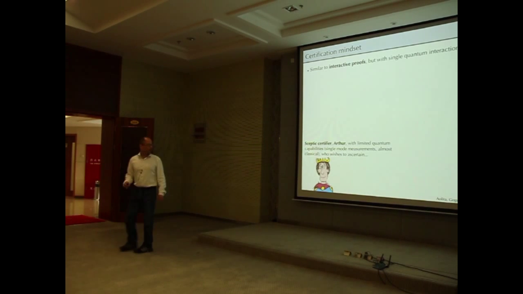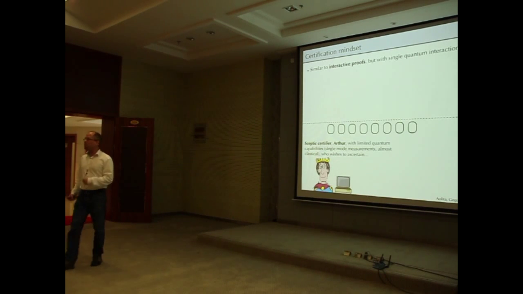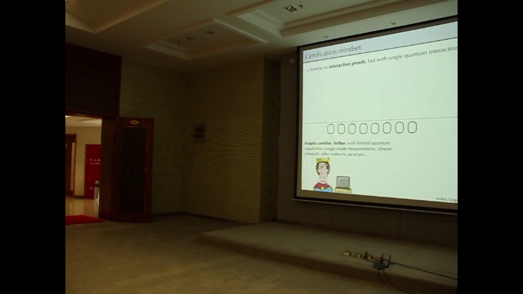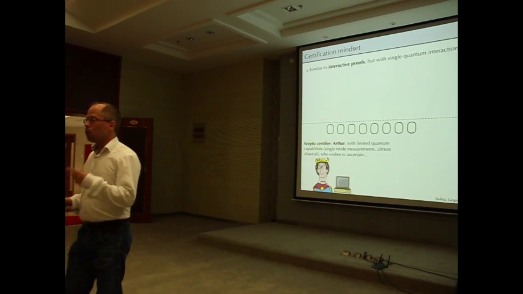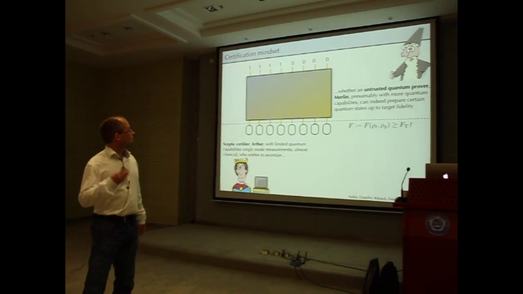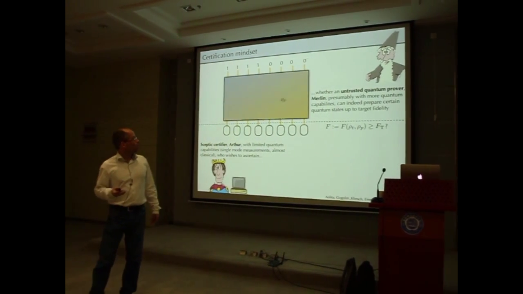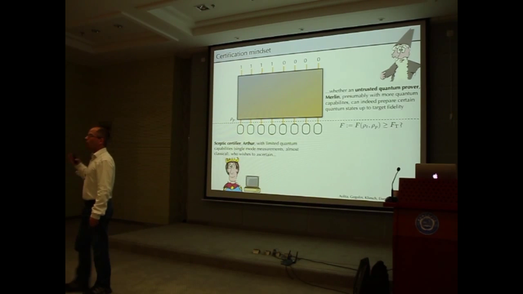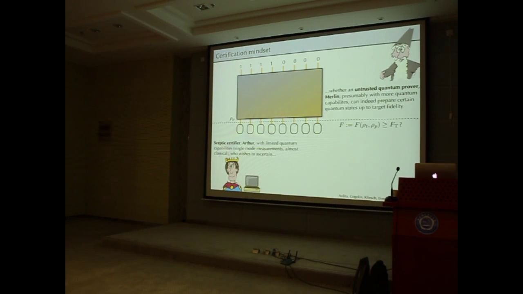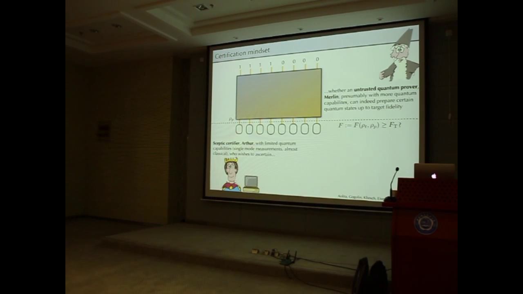He has a classical computer and very limited quantum capabilities, namely single-mode homodyne measurements. He wishes to ascertain whether an all-powerful, or untrusted, quantum prover that presumably has more quantum power, namely access to the full preparation of the quantum circuit, under imperfections, of course, and also under cheating.